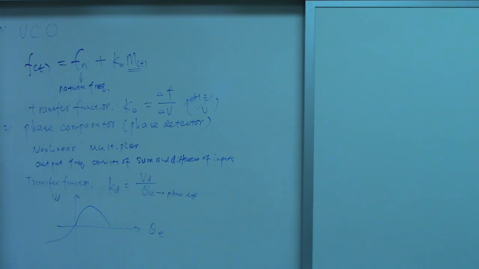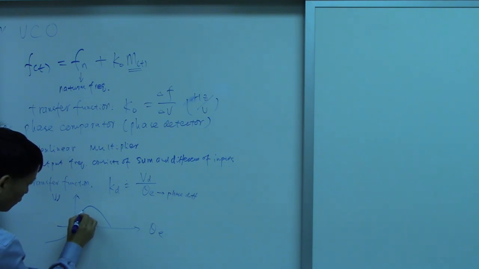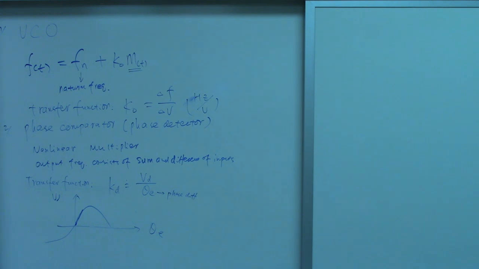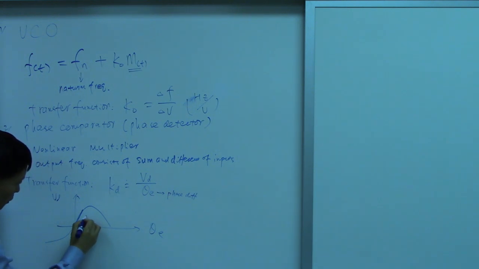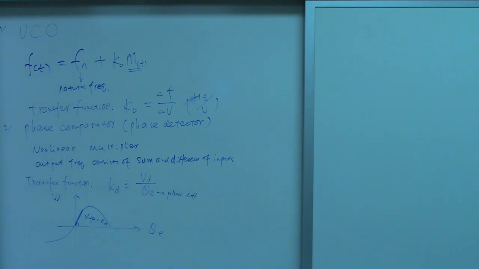So we can see if delta E is small, for example in this part, this sine function can be approximated with a linear function. That is VD equals KD times delta E. So the slope here is KD. But after some value, if delta E is large enough, then this will not be linear. So if we want this to work, we need to make sure delta E is small enough.